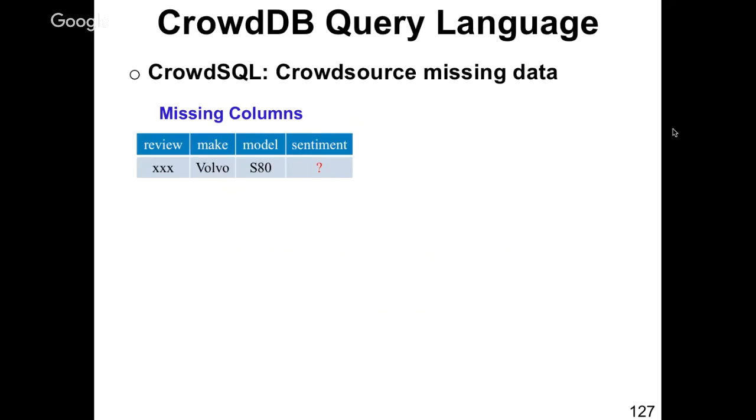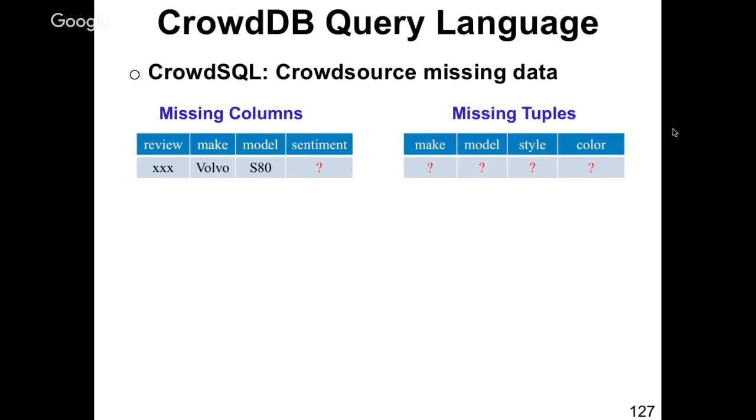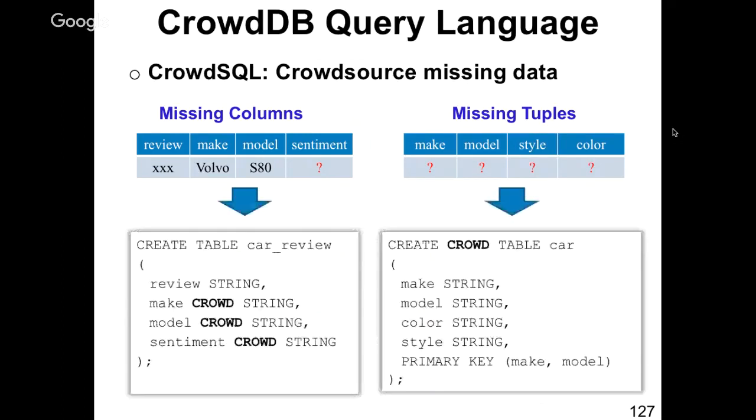The first one is missing columns, and the second is where the entire table is missing. CrowdSQL just uses a keyword CROWD in the create table statement to specify that these 3 columns could be crowdsourced, and for this case, the entire table could be crowdsourced if you have an insufficient number of tuples inside this table.